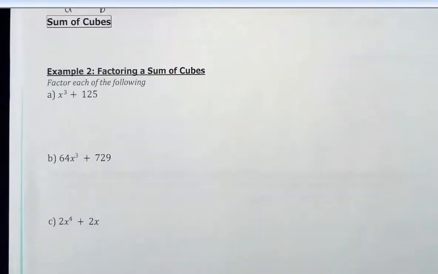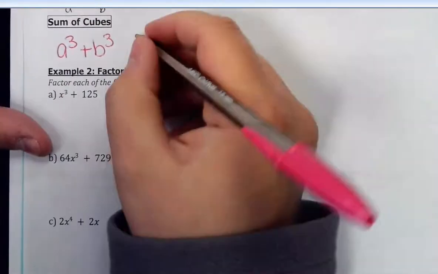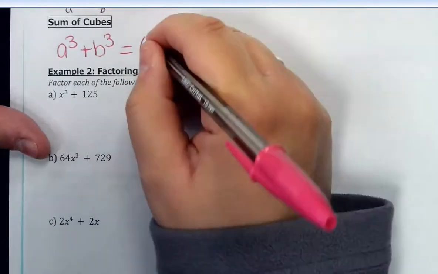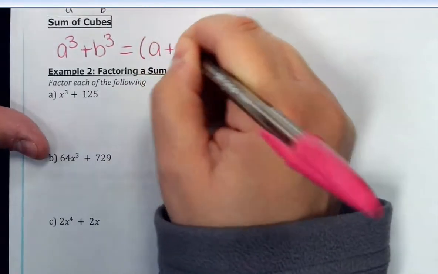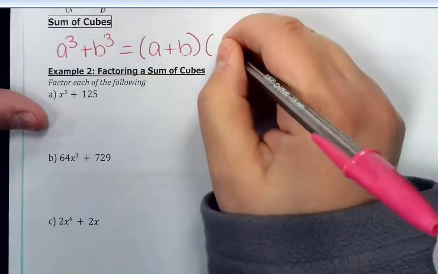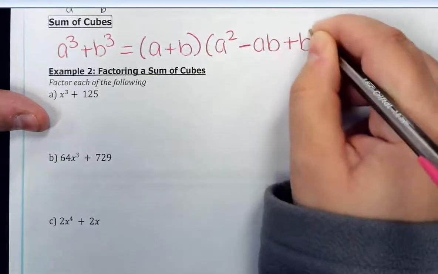Okay, now the sum of cubes is extremely similar. The difference is sum means I'm adding, so I'm going to have two things that are cubed and in between them an addition sign. Now the factored form for this is just a little bit different. It's a plus b, and then we've got to get those terms to cancel out in the middle, so it's going to be a squared minus ab plus b squared to do that here.